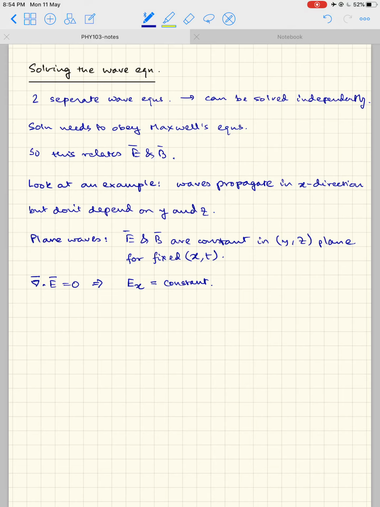Now you can always add any constant electric field as a solution to Maxwell's equations. So without any loss of generality, we can choose this constant to be equal to 0.